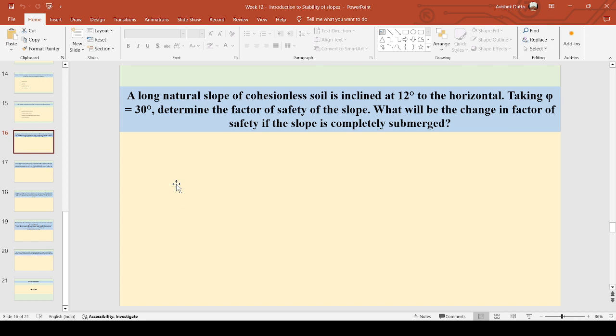You have to find the changed factor of safety and the change in factor of safety with respect to its natural condition, if there is any change. I hope it is clear. The inclination is 12 degree and phi is given as 30 degree. Okay, next question.